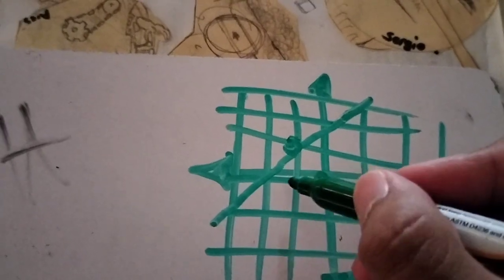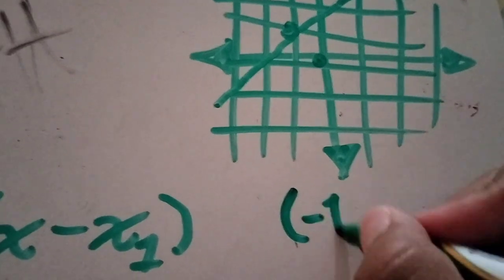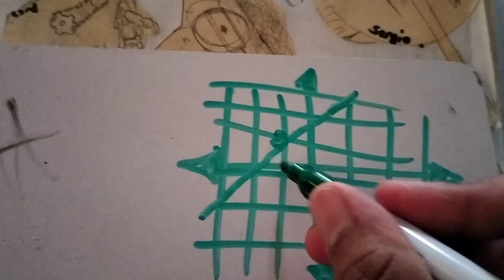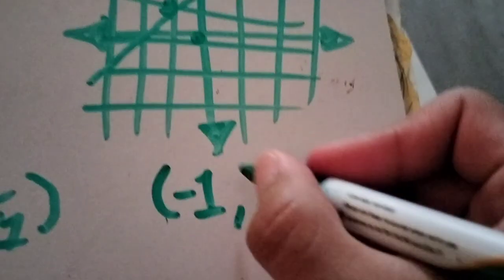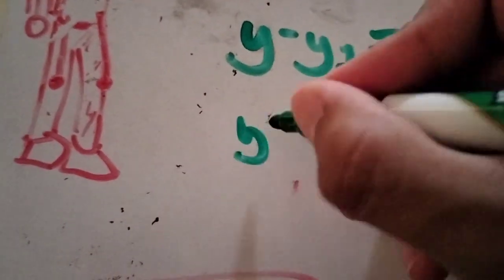This point, let's see, the x would be -1, and the y would be 1.